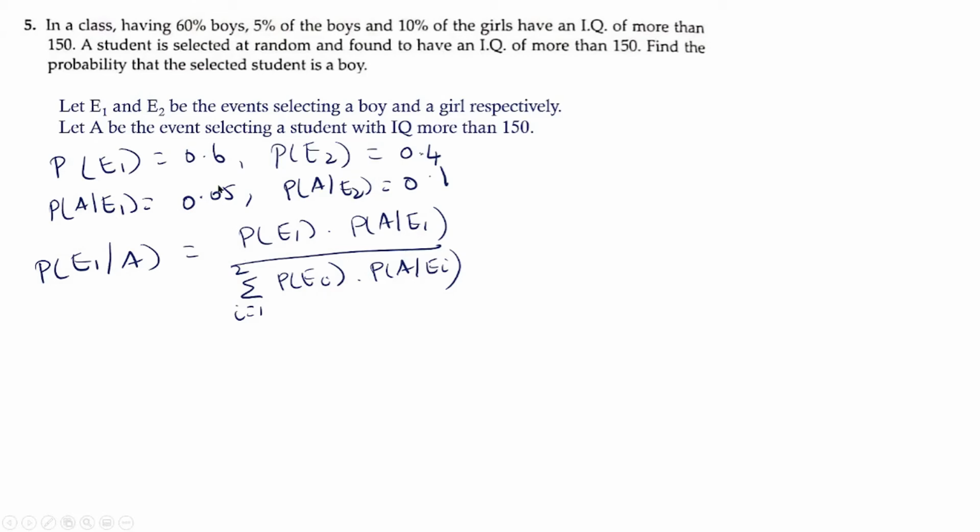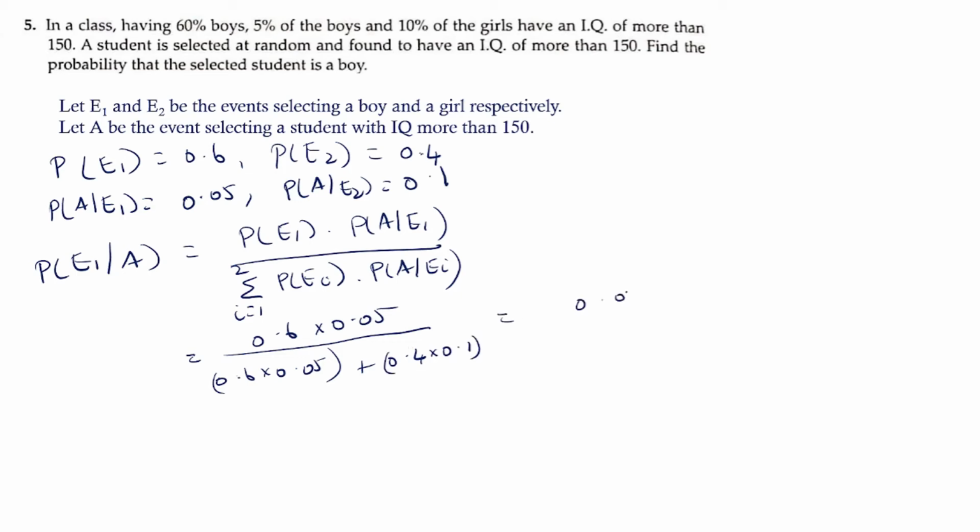So this is equal to 0.6 into 0.05 upon 0.6 into 0.05 plus 0.4 into 0.1.